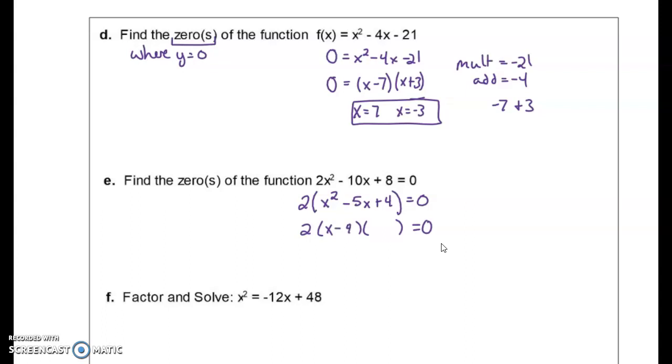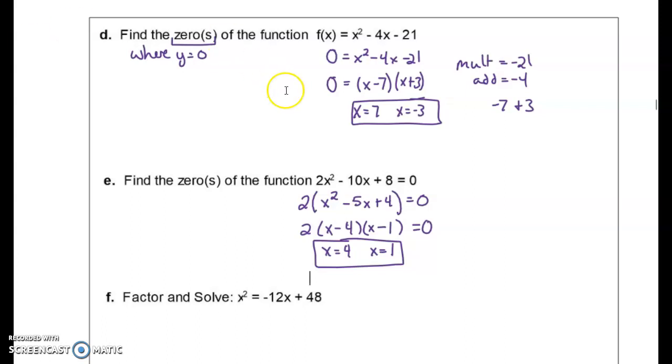That's going to be a negative 4 and a negative 1. So it's x minus 4, sorry, that's a 4 right there, and x minus 1. Then our zeros, when we set it equal to 0, are x equals 4 and x equals positive 1. That 2 doesn't affect the zeros, it just changes the steepness and makes it a vertical stretch, so it makes the parabola steeper, but doesn't change the x-intercepts.